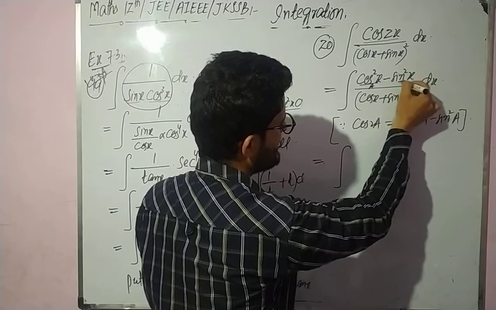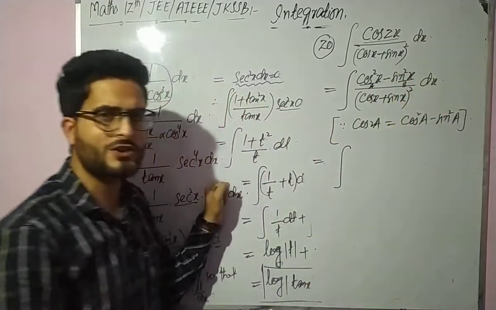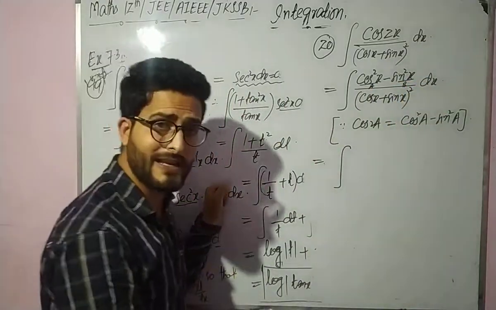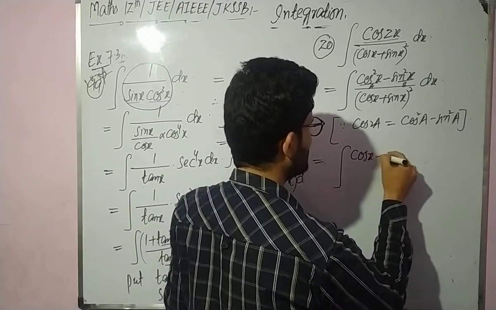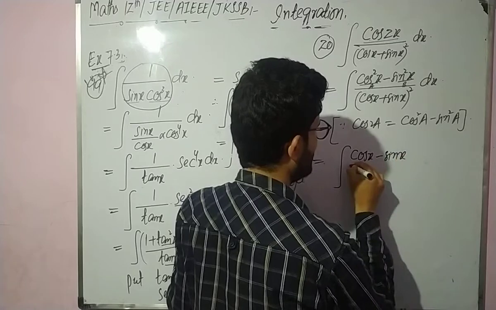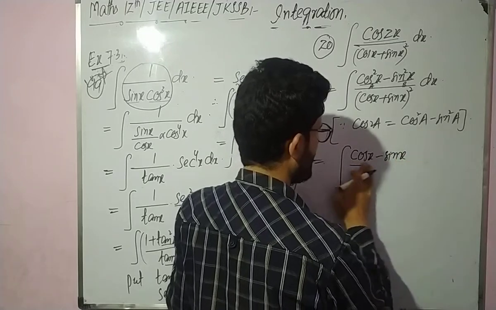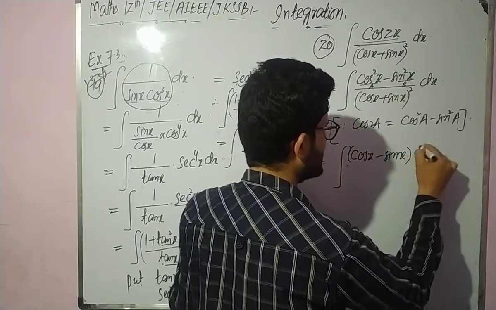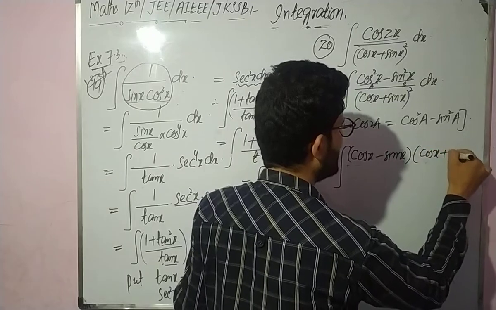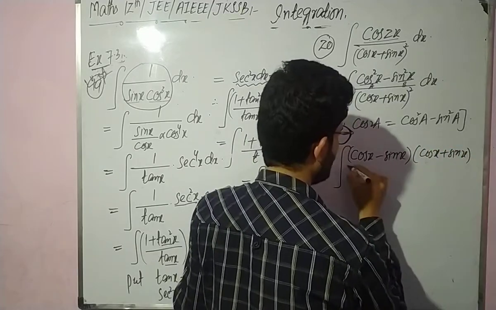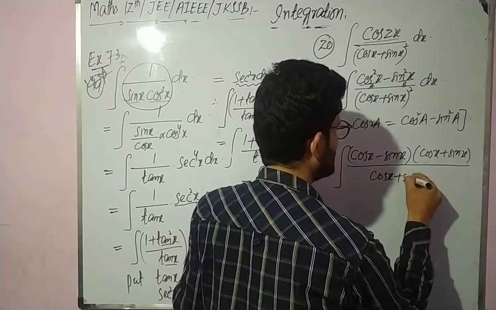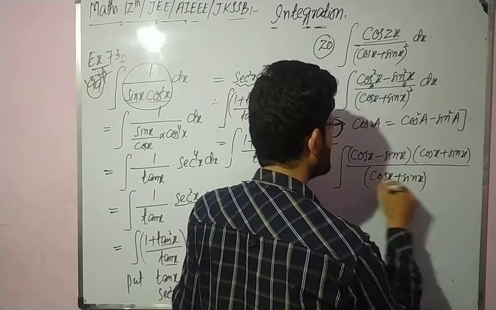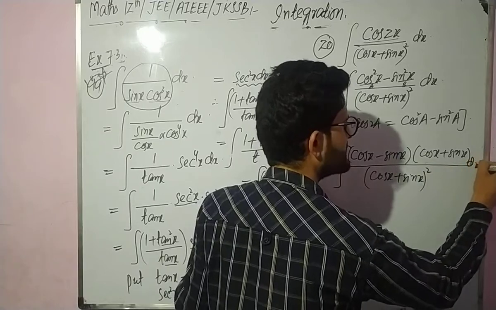Treat cos x as a, sin x as b, so it is the formula a square minus b square, a minus b into a plus b, so that is cos x minus sin x into cos x plus sin x divided by cos x plus sin x whole square into dx.